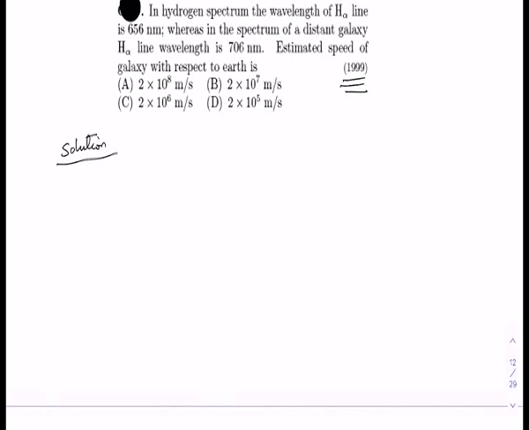1999 JEE. So here I can consider this galaxy as my source, and Earth is my observer. The observer standing at Earth is making measurements of the light coming out of the galaxy.